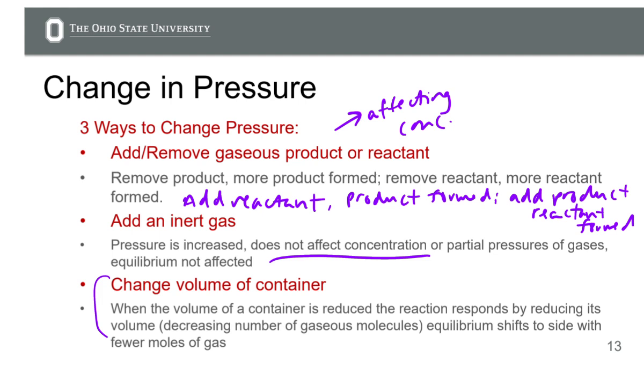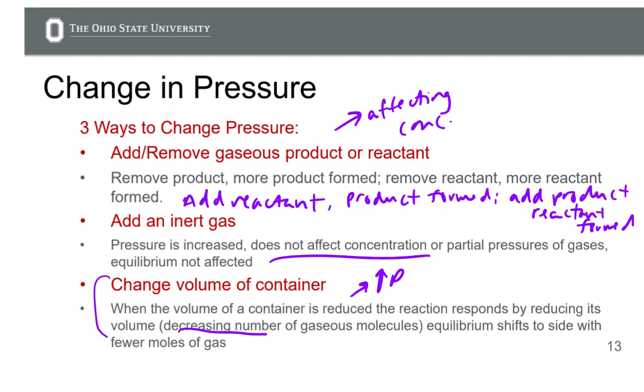So over here, if we reduce the volume of the container, so we increase the pressure, the reaction is going to respond by reducing its volume. That's the other way of thinking about it.